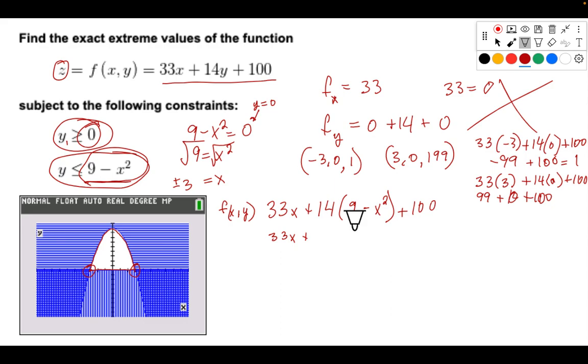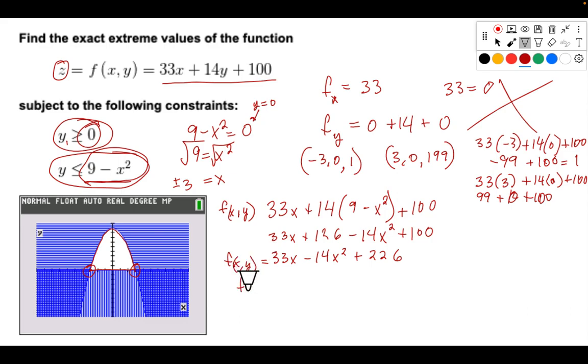See, I was right, but I don't trust my mental math at this point. Minus 14x squared, that I can multiply by 1 still pretty good. And so then there's 126 and 100 we could combine. So that's our function.